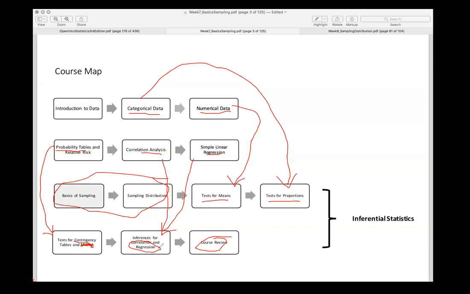Okay, and in all of these other modules, we're going to revisit some key elements, some key terms, and that's what we're going to go to next. So let's go to the readings now. And I want to introduce to you some terms. These are all from Chapter 4 of the Open Intro Stats book.